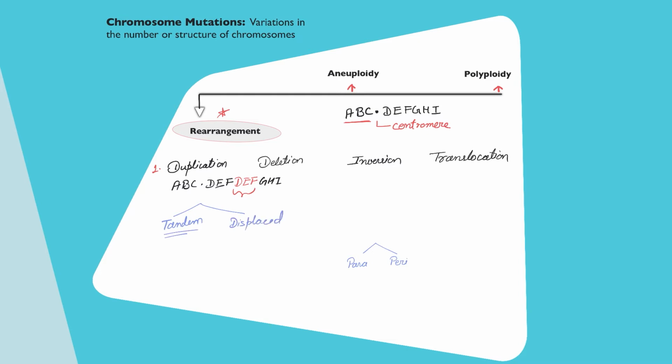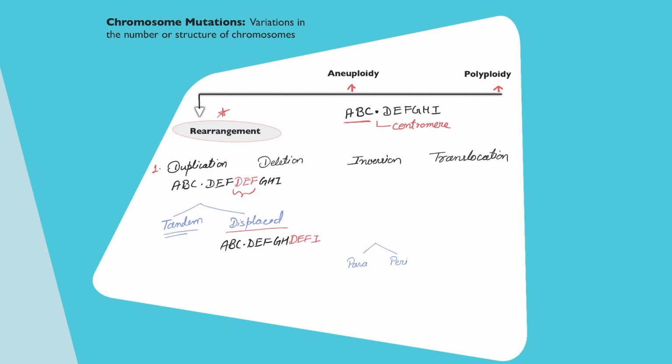If it were a displaced duplication, it would be somewhere far off or away from DEF. So let's say DEF GH followed by DEF and then I. That would be the case of displaced duplication.